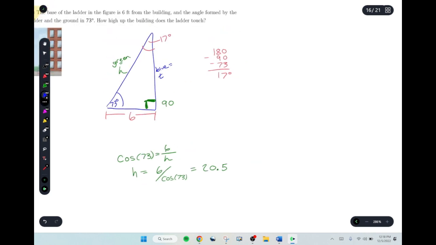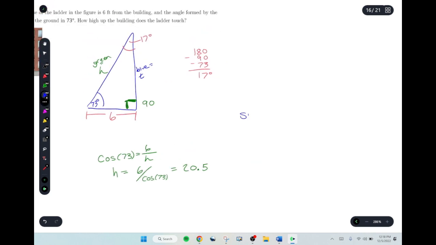Okay, so then let's do blue side now. And if that was cosine, what's probably the formula for blue side? Sine of 73 equals T over... Oh, I should have used tangent.